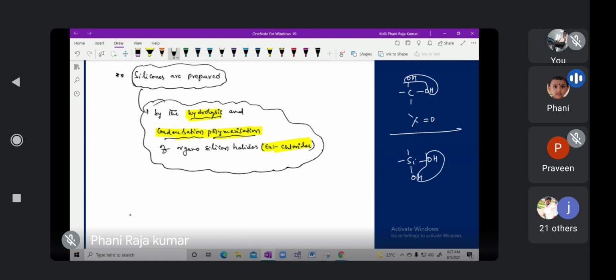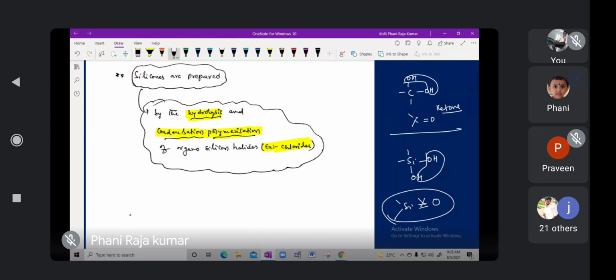Similar to the previous case, elimination of water, then Si double bond O I am writing, but this is wrong. Silicon is unable to form effective p-pi bonding with oxygen. So this group is called a ketone group. Similar to ketone, we are unable to prepare an Si double bond O linkage compound.